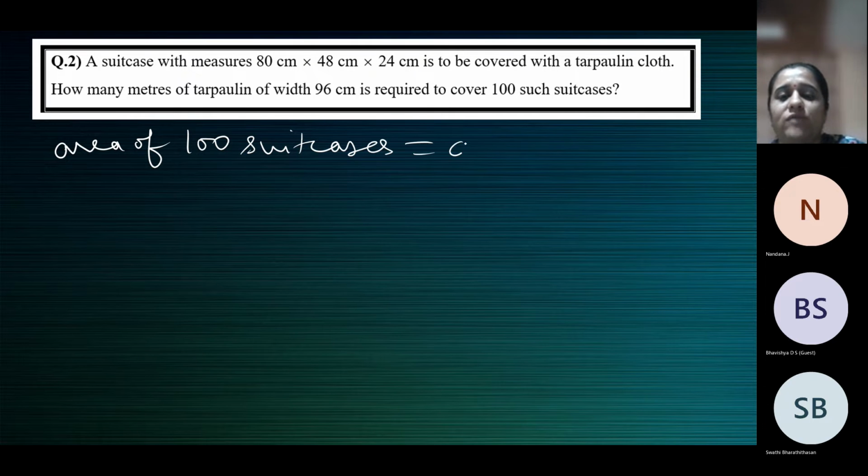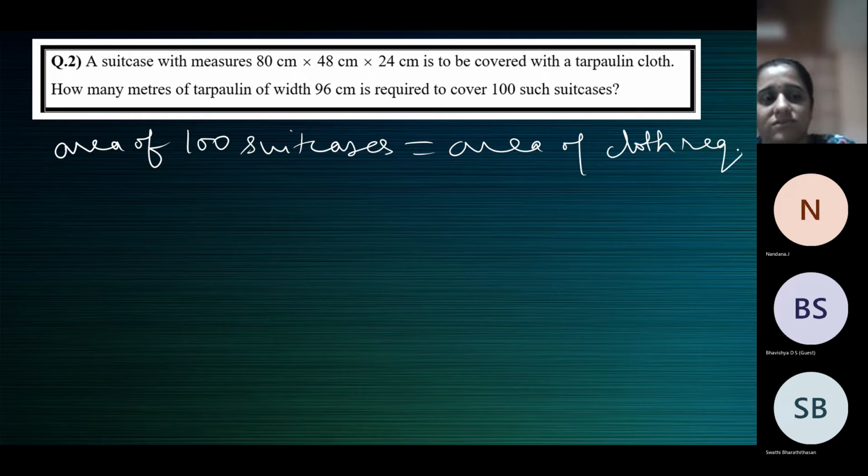You will need that area of cloth to cover all the 100 suitcases. So the equation is: the area of 100 suitcases is equal to the area of the cloth required. How much cloth will you buy from the market? That is equal to the total surface area of the 100 suitcases.